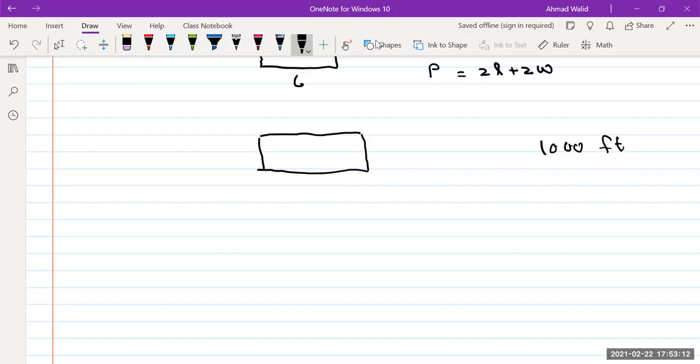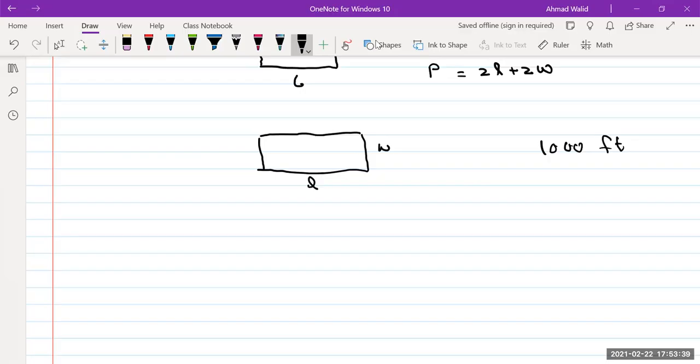How long will the length be, or the width, so that you can use 1,000 feet of fence to do the fencing in your backyard?